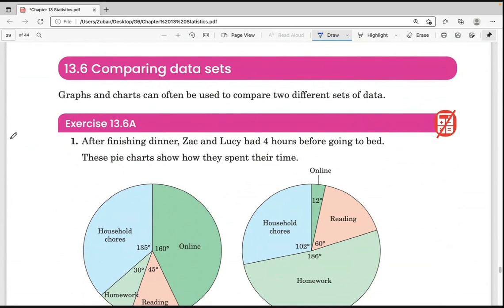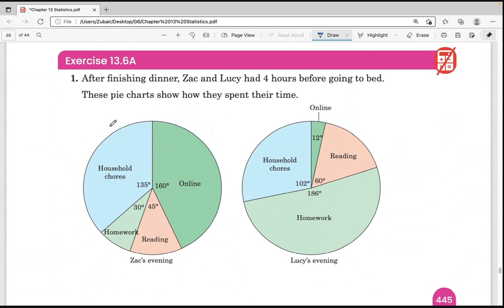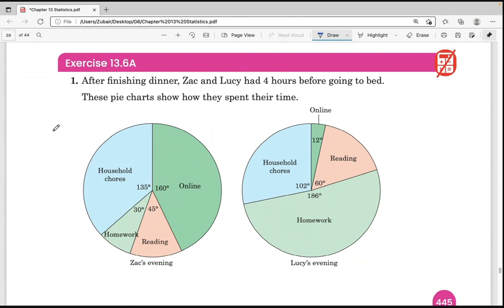As it is self-explanatory, we'll have some data or graphs and we are going to make the comparison. Exercise 13.6a. After finishing dinner, Zach and Lucy had 4 hours before going to bed. The pie chart shows how they spend their time. Zach spends most of the time online.